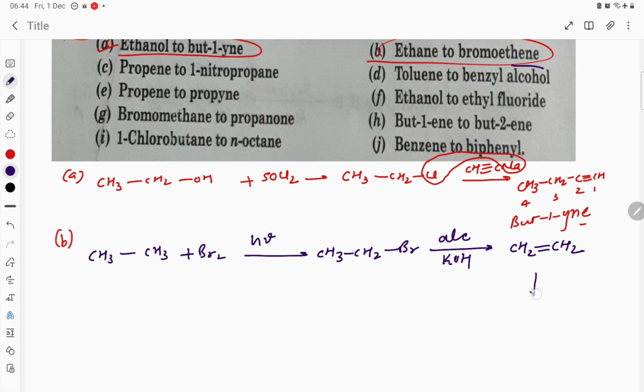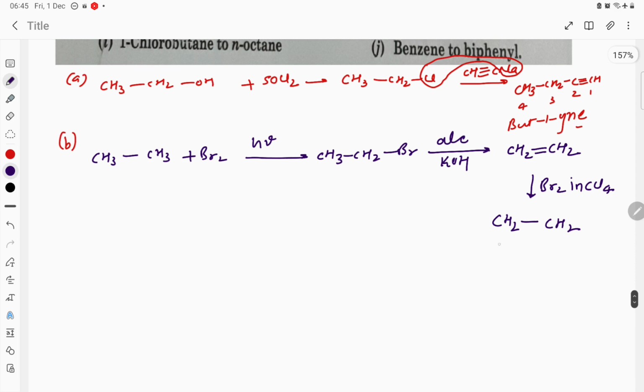Now again you treat with Br2 in CCl4, student. What will it give in this case? Dibromoethane, CH2Br-CH2Br, with Br in both places.